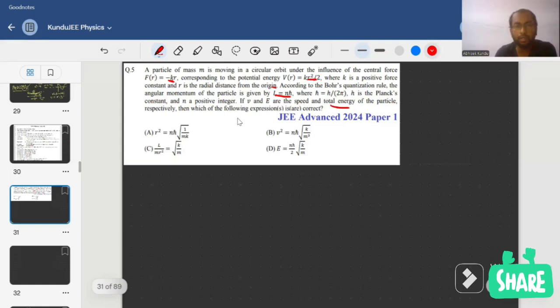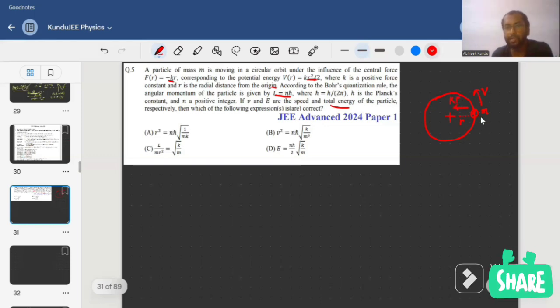First, let us draw the diagram. Simple diagram of a particle of mass m moving in a circular path. Mass m is moving with velocity v in a circular path of radius r. Now what do we know? F equal to minus kr means the force is towards the center and the magnitude of force is k into r.